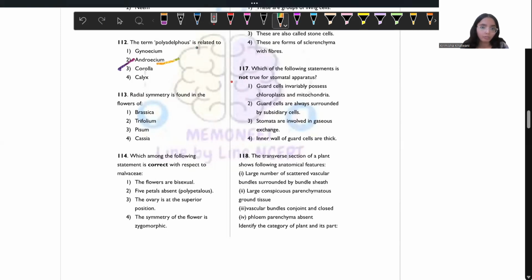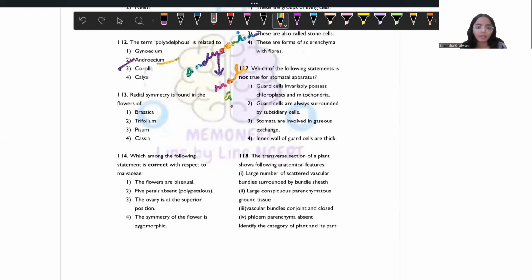That is androecium. What is androecium? Androecium is the word used for the male reproductive part. When stamens are united, they are known as polyadelphous.